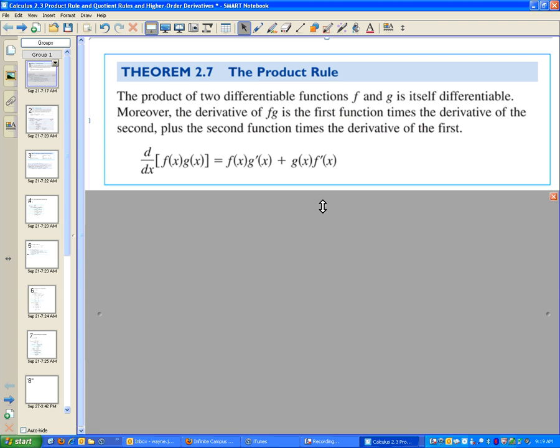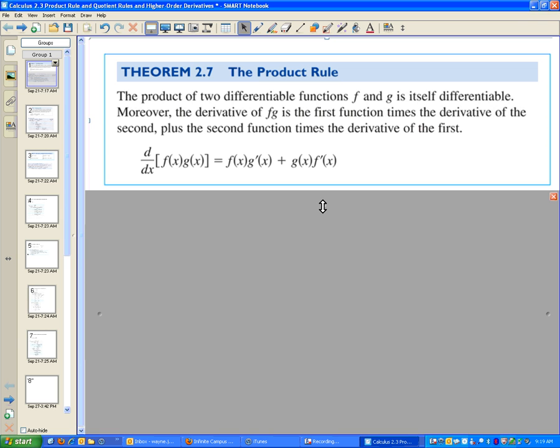But now we're going to greatly expand the number and types of functions that we can take the derivative of by using rules. Now, we call them rules. Everybody calls them rules. They're actually theorems that have been proven to be true.